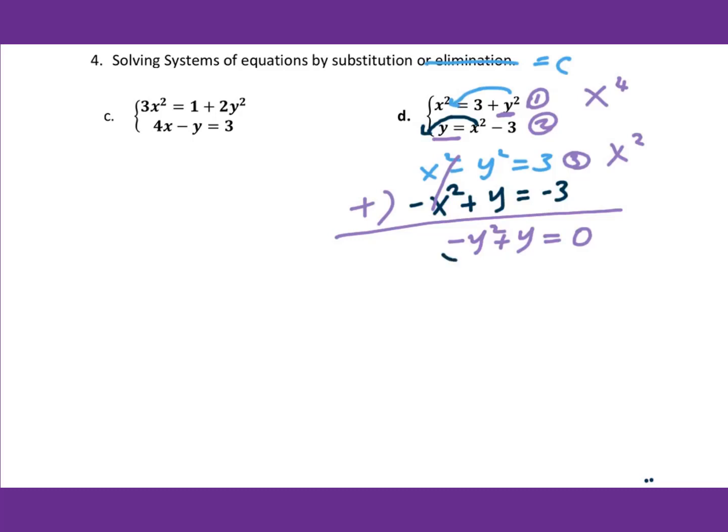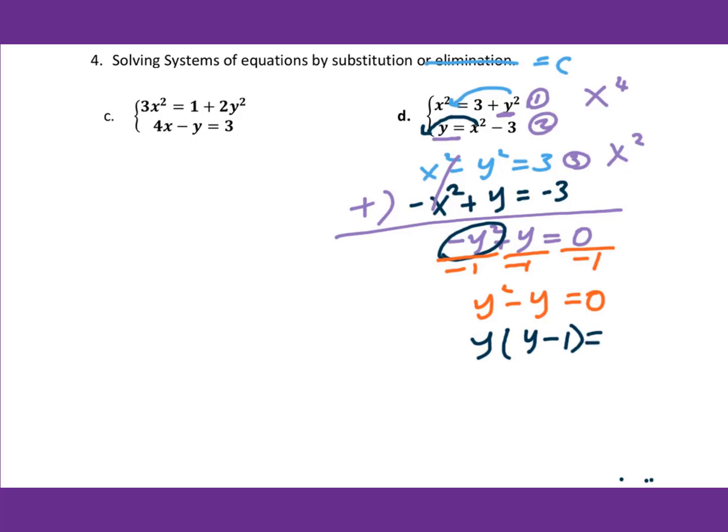I don't want the y squared to be negative, therefore we divide by negative 1. You will get y squared minus y equal to 0. Common factor is y, y minus 1 equal to 0. Therefore, y1 equals 0, y2 equals 1.